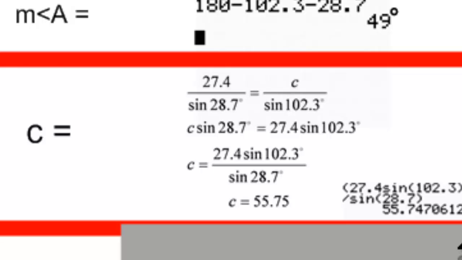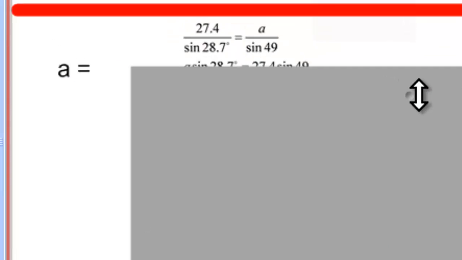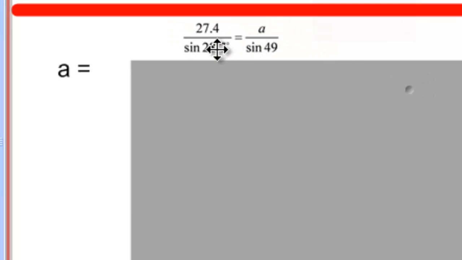Now, I can't use the Pythagorean theorem to find side A. This is not a right triangle. So again, for consistency's sake, I'm going to keep using the B family. When I set this up, I did 27.4 over the sine of 28.7 degrees. Those values were already in my calculator. That was the method of my madness. But I could have also used the sine of 102.3 degrees and the 55.75 that I found.